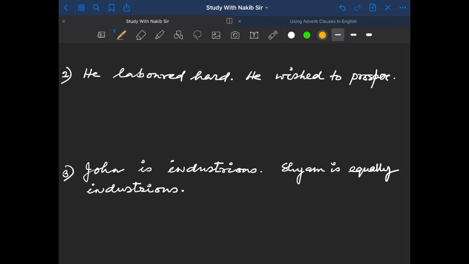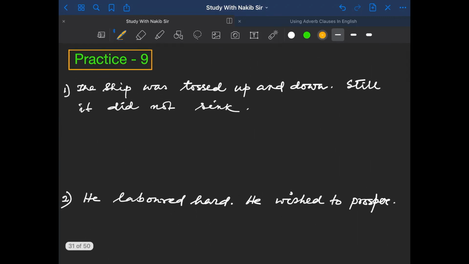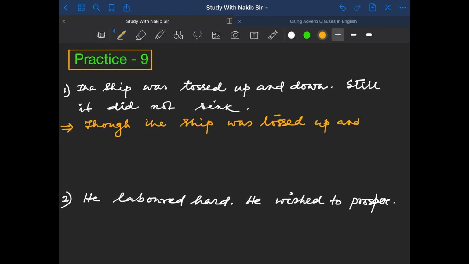Okay. Now see your answer. The ship was tossed up and down. Still it did not sink. Right? Though the ship was tossed up and down, it did not sink.